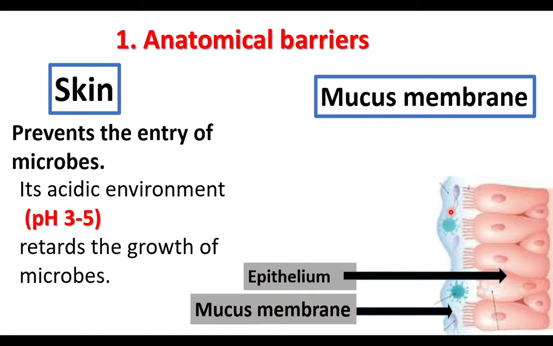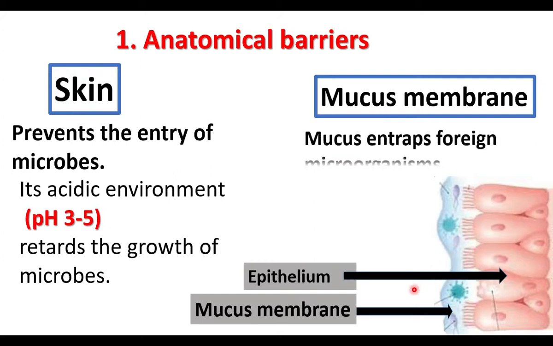The epithelial cells have cilia. The cilia send out the microorganisms. In this way, anatomical barriers act as the first line of defense in our body.